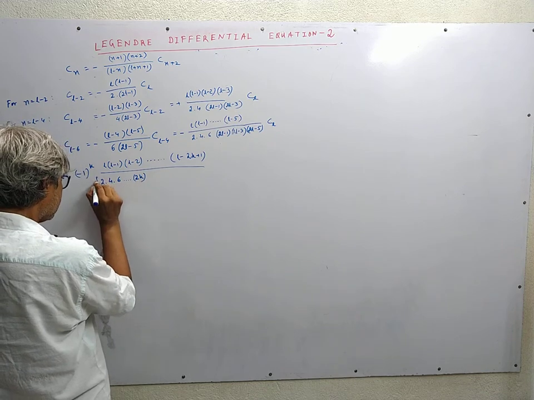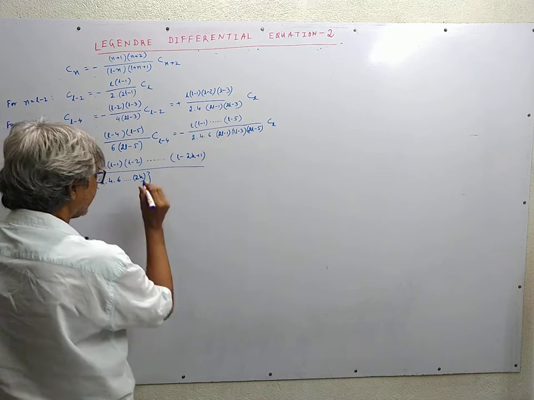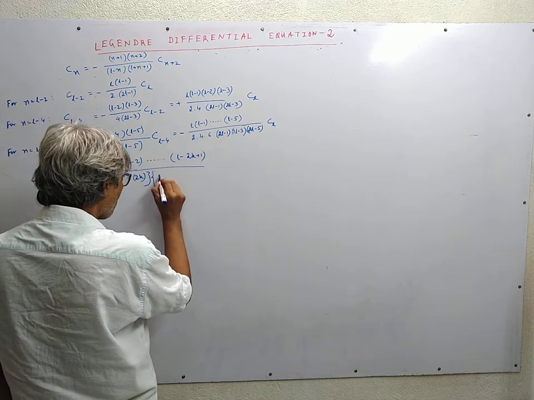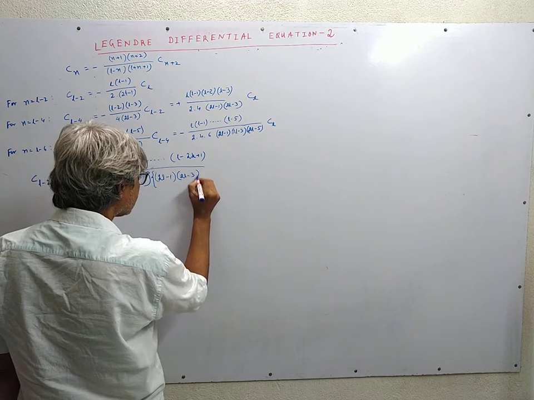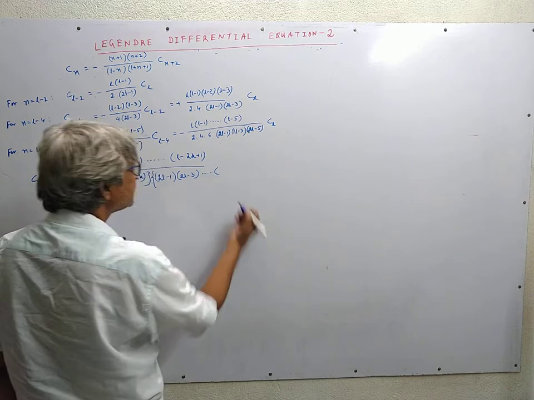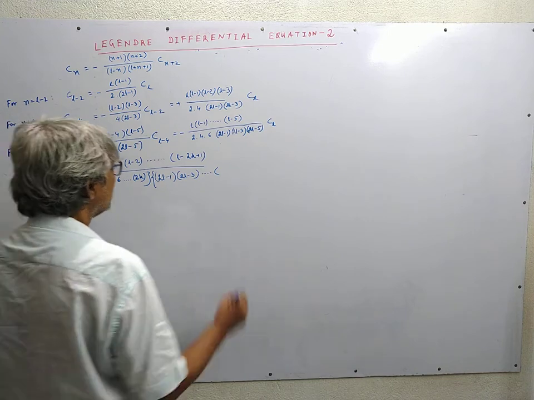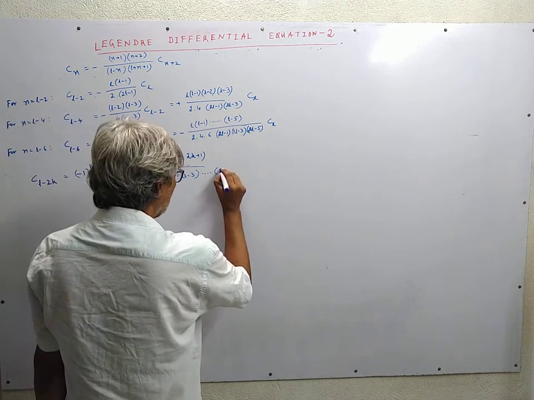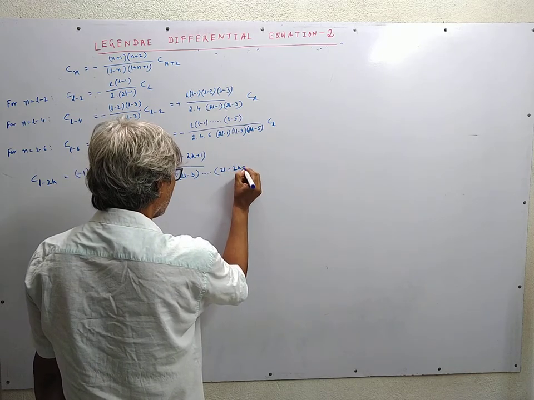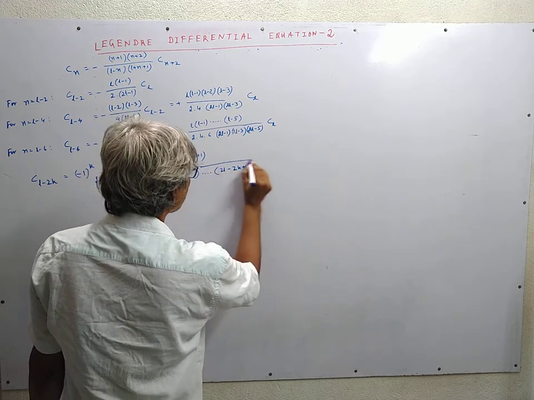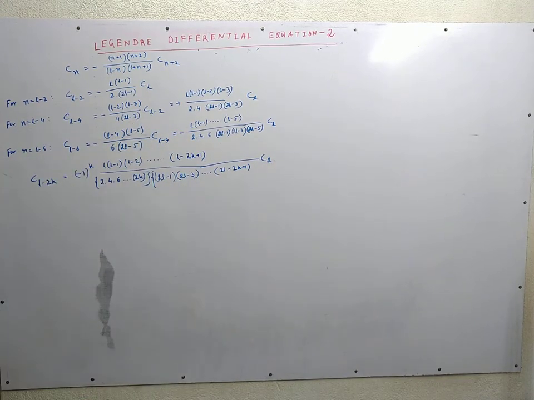This is one sequence arising from this part, and there is another sequence 2L minus 1, 2L minus 3, and this continues up to 2L minus 2k plus 1, times C of L. This is the recurrence relation.